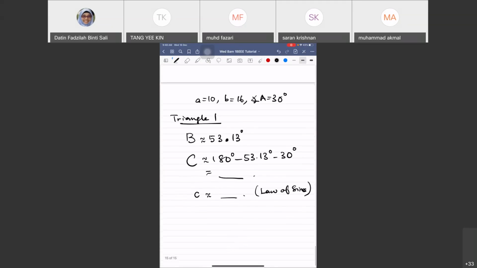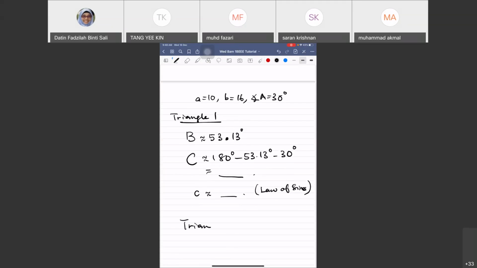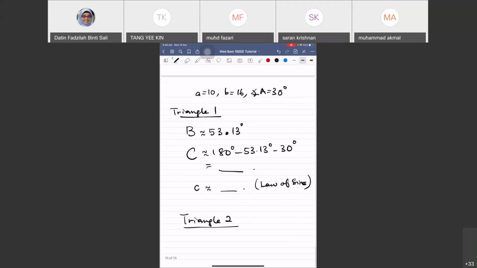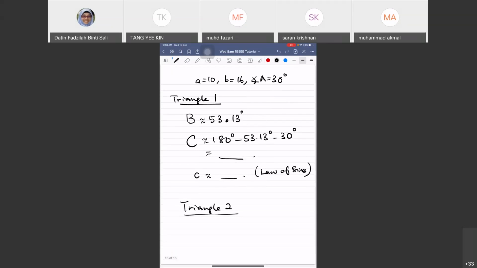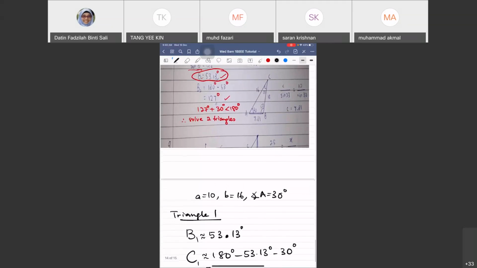Then triangle 2. So do step by step like this. That will be much easier for me to see and to mark, during an exam or test or assignment. Also similar, this is B1, so you just use the subscript. Then B2, from just now, your 127.